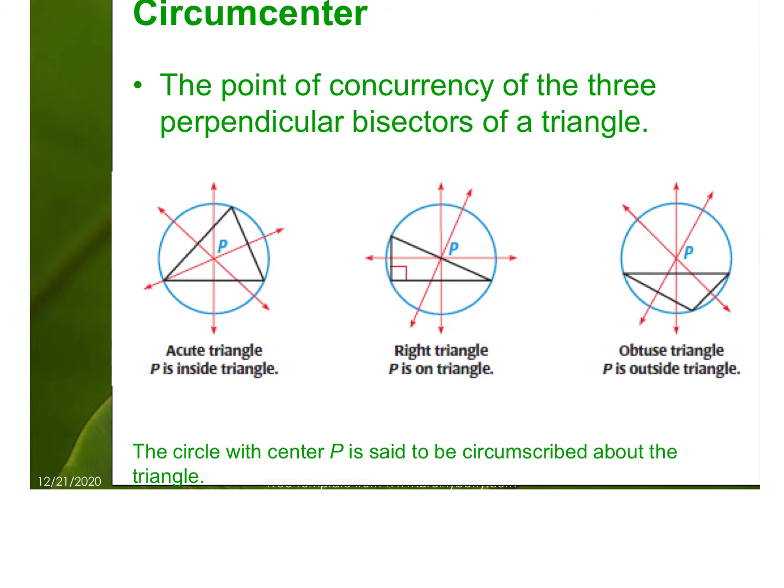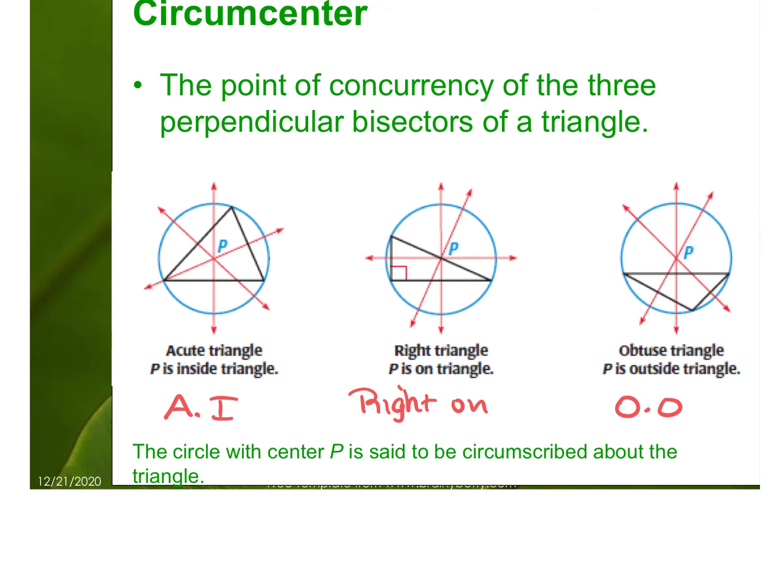So whether you use an abbreviation of letters to help you remember, like for me, I would say, okay, it's an acute triangle, so I'm going to use the letters AI. So acute, it's inside. For the right, I would say like the phrase right on. So right is located on the triangle, and obtuse is outside, so I could say that that's OO.